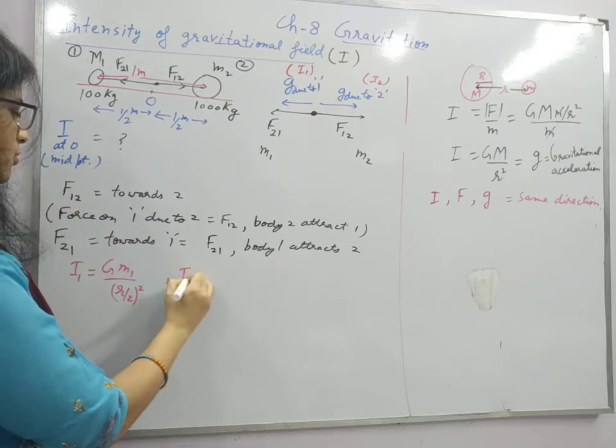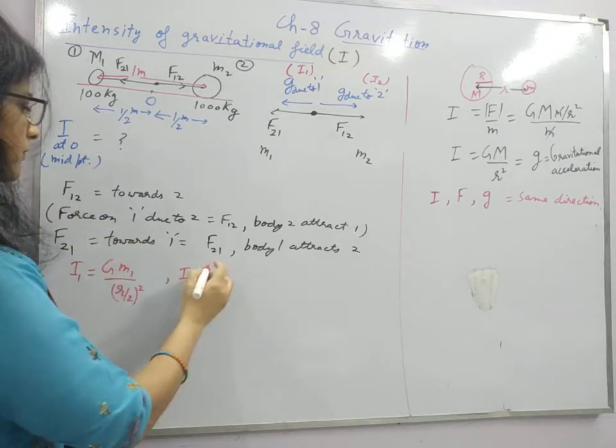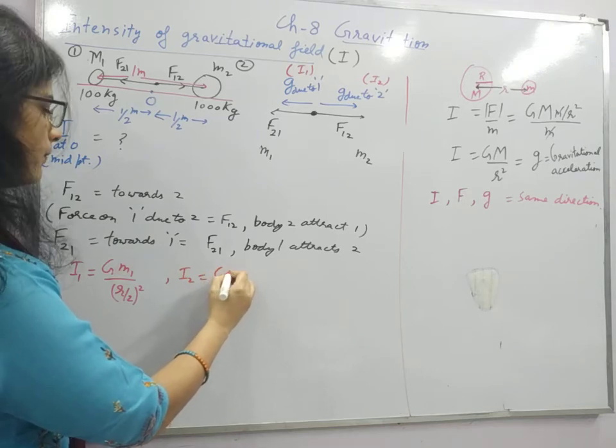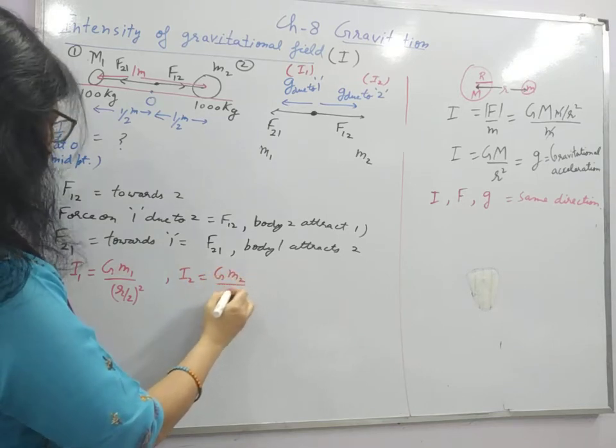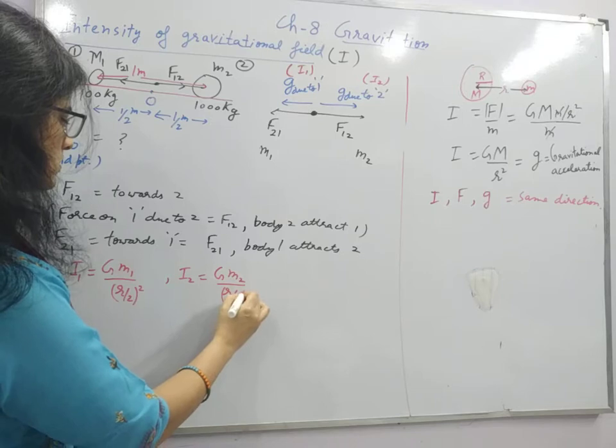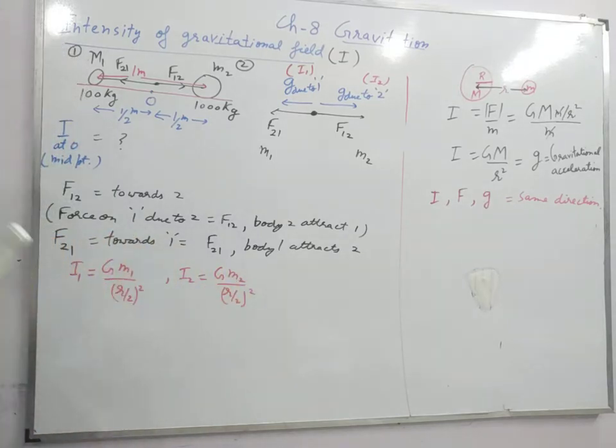And intensity due to 2 will be opposite. This will be G m2 upon r by 2 whole square. We can do this by vector method also. These have opposite direction, so whichever is greater, the net intensity will be that way.